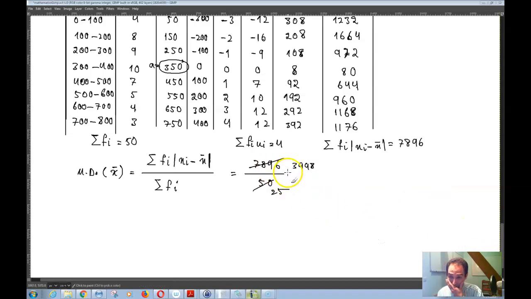I hope that you can follow the way that I divide. When I get some number like this and I want to divide by 2, instead of doing the normal division of 7896 by 2, I think to myself that I have a 7,000.